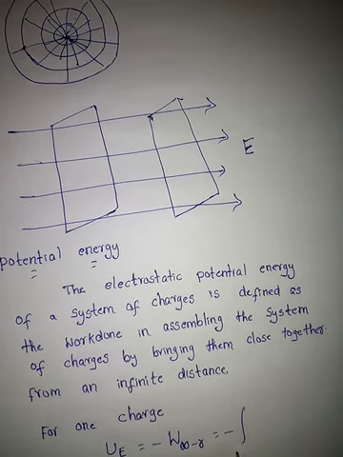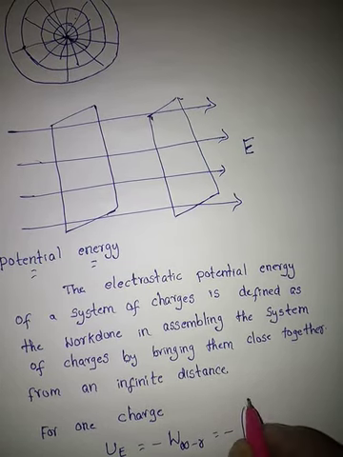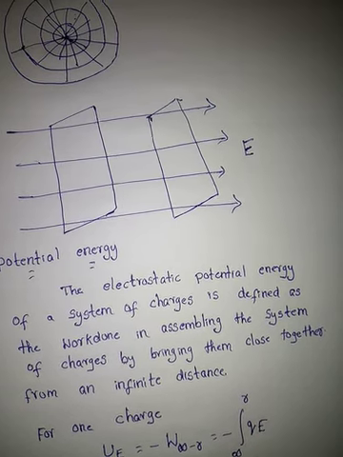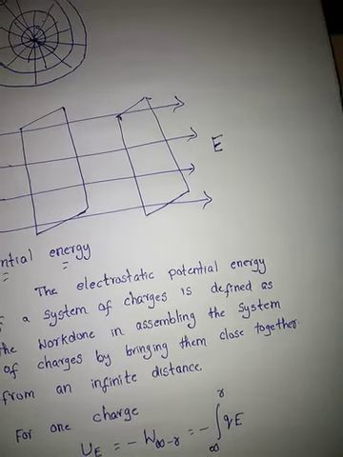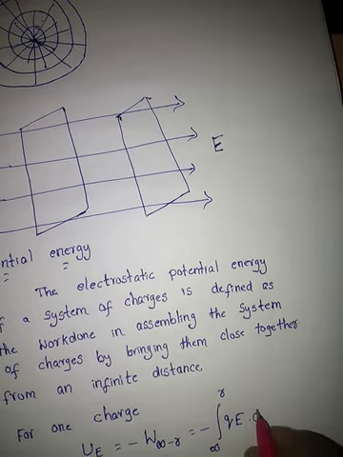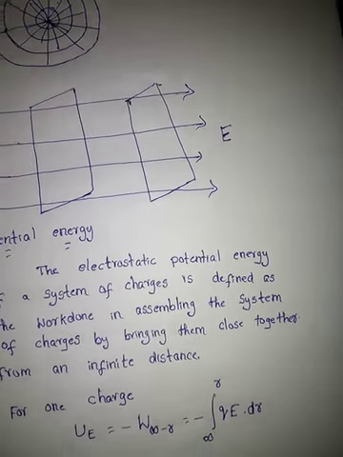The integral from infinity to r of q into E. Is it right? So this is the formula for work done to bring a charge from infinity to a distance r. Is it right?